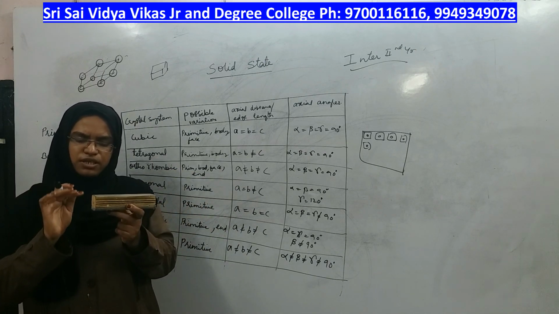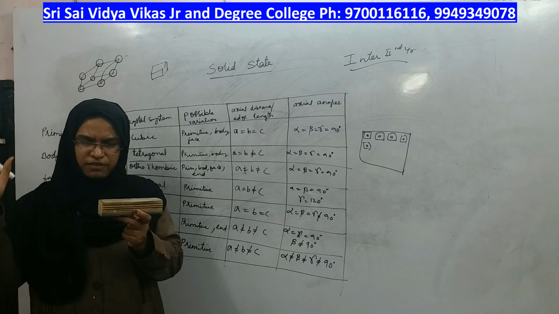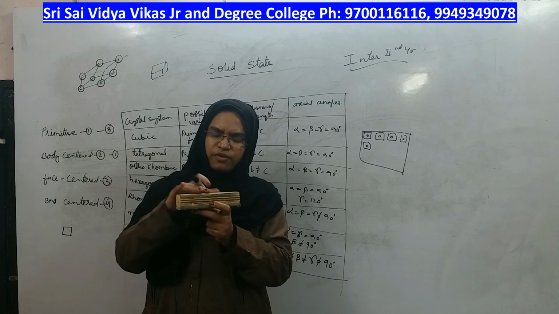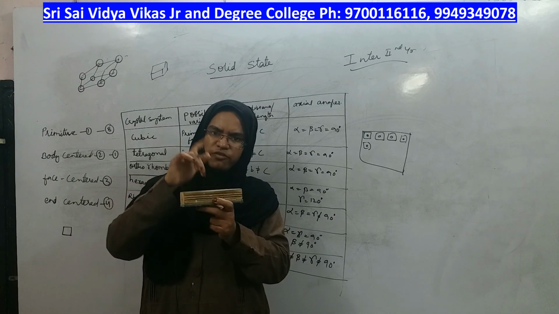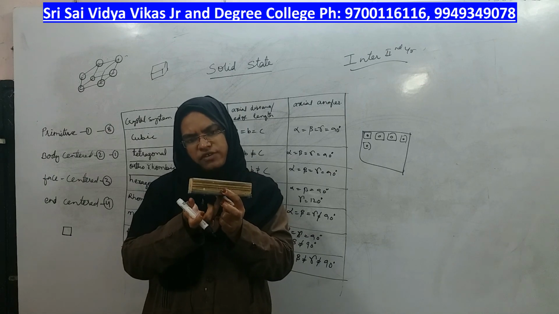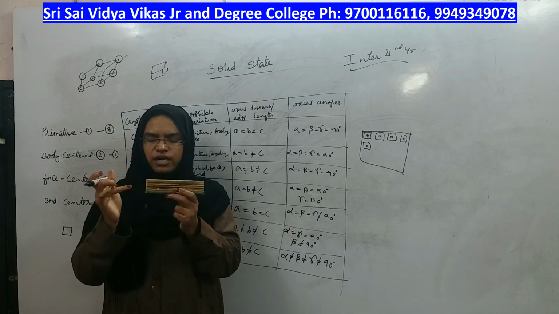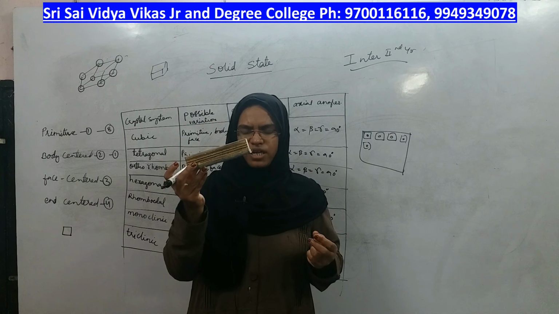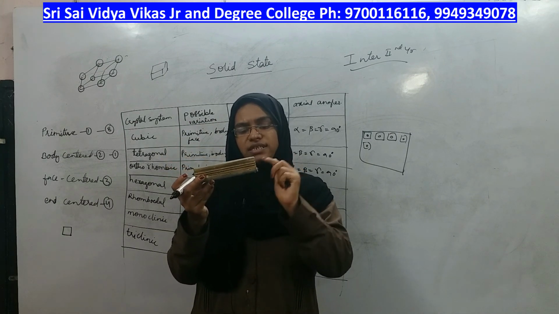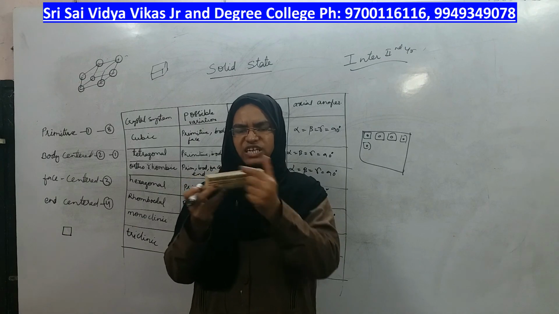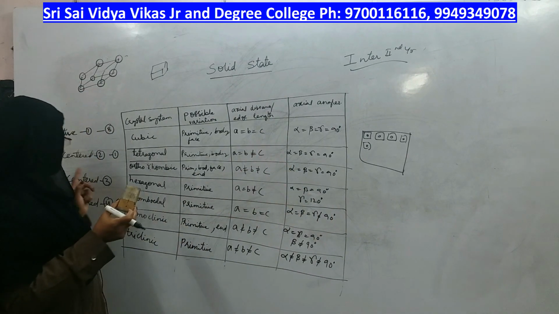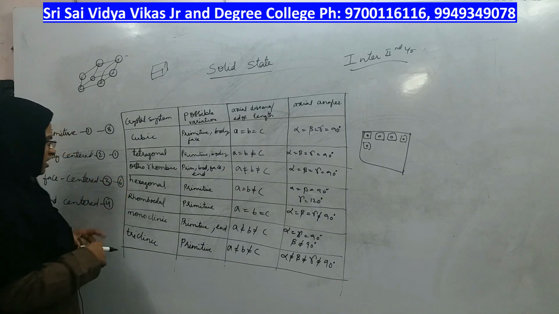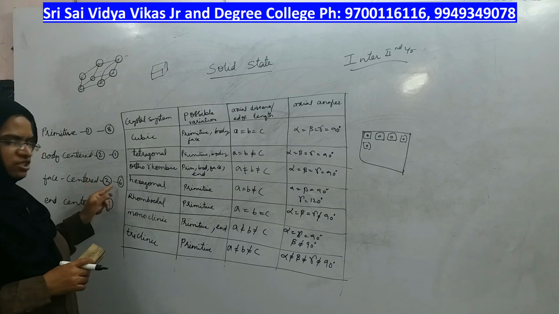Face centered cubic cell means, apart from the corners, you leave primitive, and in the exact center of every face, if this is the top face, one atom at the exact center of the top face, one at the exact center of the bottom face, and one atom on each of the other faces. As this duster has 6 faces, 6 atoms are present in the center of each face. That type of arrangement in the unit cell is called a face centered unit cell.